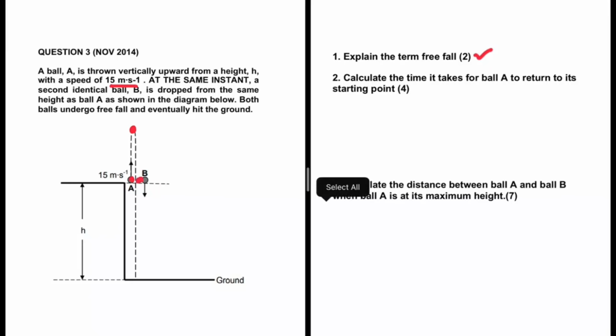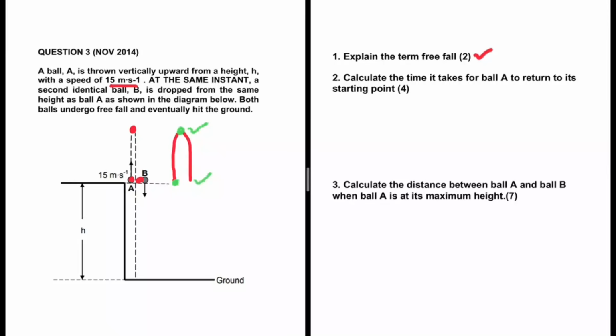So we want the time taken by the ball to go from its initial position, to maximum height, and back to its starting position. Like I've said before, the time taken to go from the starting position to maximum height is the same time taken to go from maximum height to starting position on the way down.